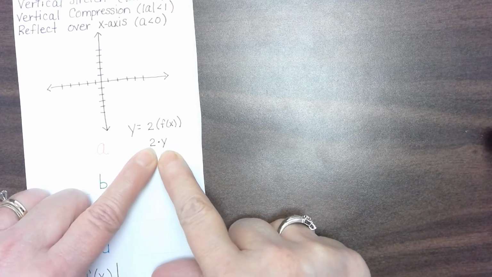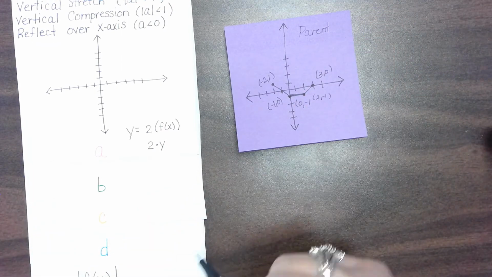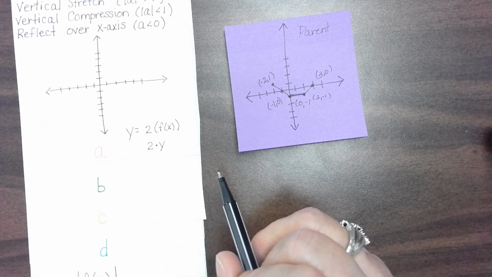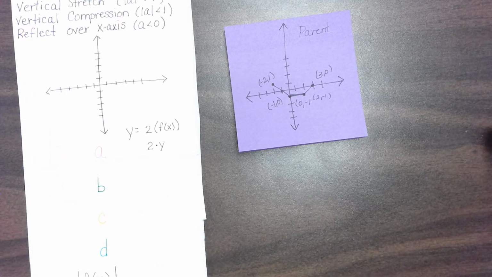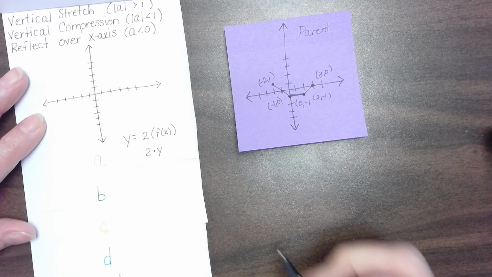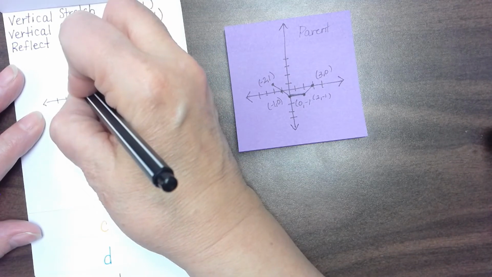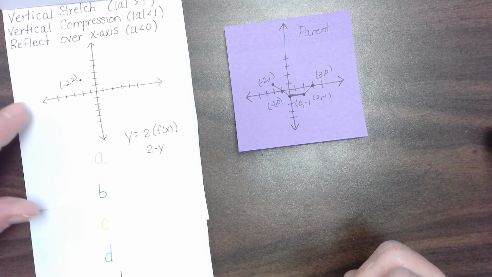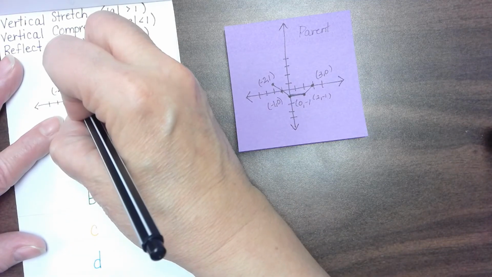I have a rule down here, y equals 2 times f of x. That just says y equals 2 times y. We're going to take our parent and multiply all the y's by 2. So we're going to end up with negative 2, 2. We're going to end up with negative 1, 0.